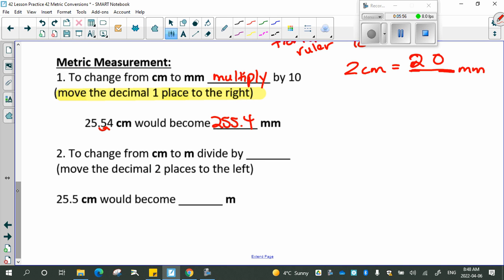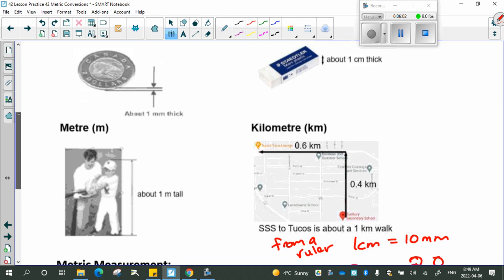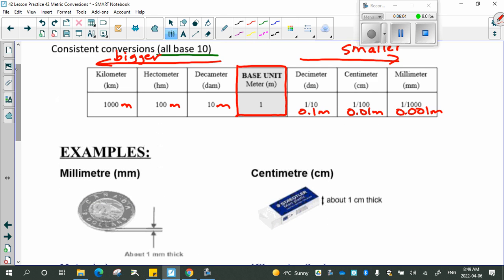So to change from centimeters to meters, you would divide by, so if we look up, centimeters and meters are 2 gaps away. So what do you think you'd divide by? To get from here to here, you divide by 10, right? To get from here to here, you divide by 10 again.